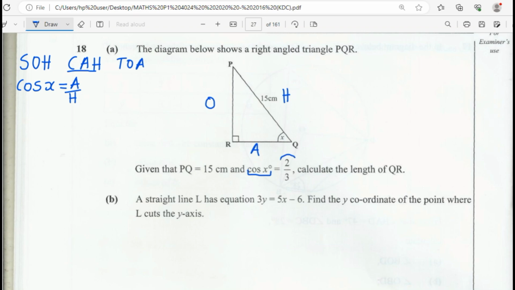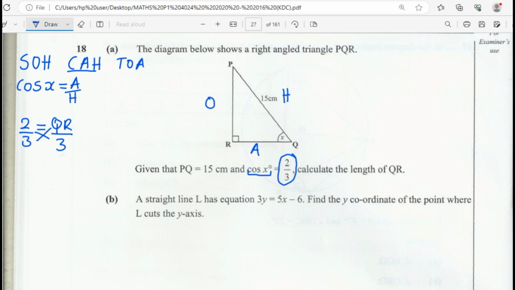The cos of x is given as 2/3. So we have to do the substitution. Where there is cos, we put 2/3. So 2/3 is equal to the adjacent, which is just the distance QR, the one that we are solving for, over 3. So we can now cross multiply.